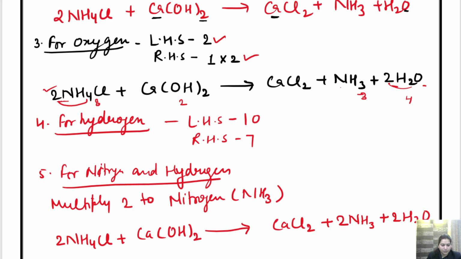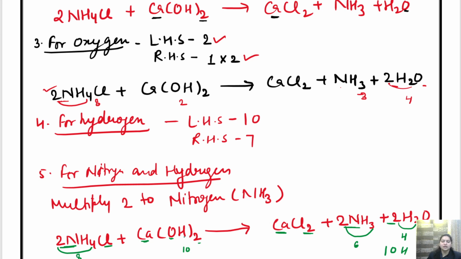Just see, 2 नाइट्रोजन बैलेंस्ड. हाइड्रोजन कितना है? 8 और ये 2, 10 हाइड्रोजन. Here we have 6 and 4. So कितना हो गया? 10 हाइड्रोजन. बैलेंस्ड. क्लोरीन 2, क्लोरीन 2, कैल्शियम 1, कैल्शियम 1, oxygen 2, oxygen we have 2, hydrogen we have already balanced.